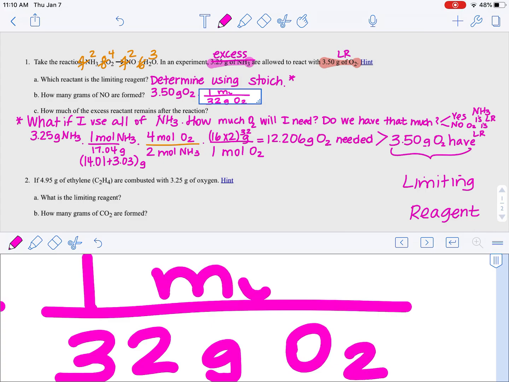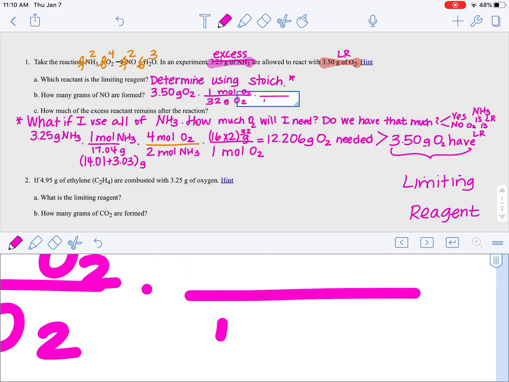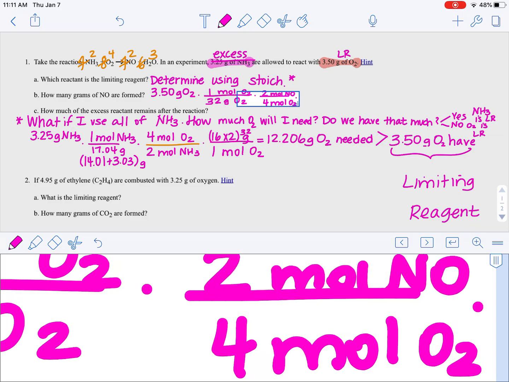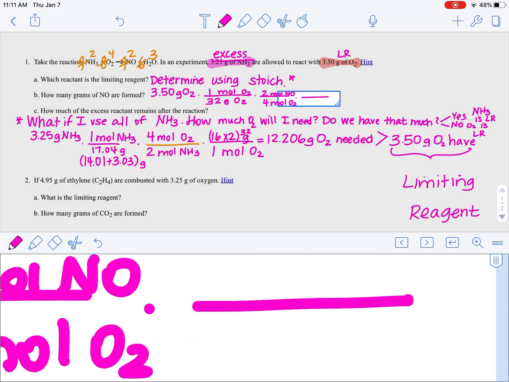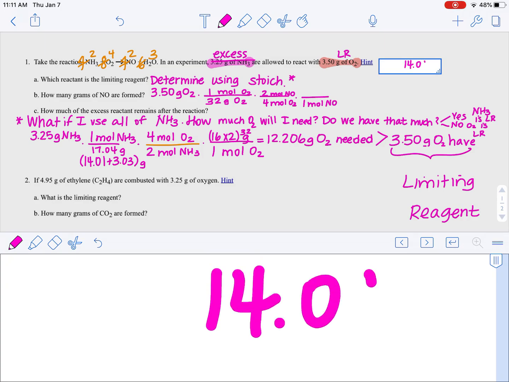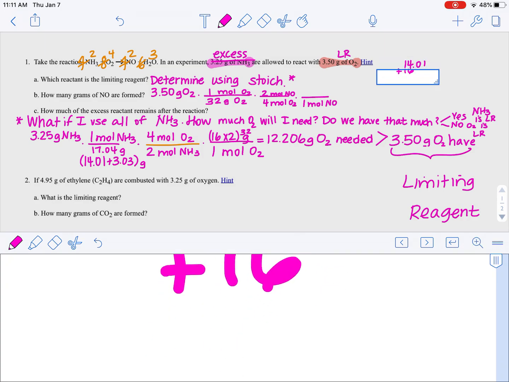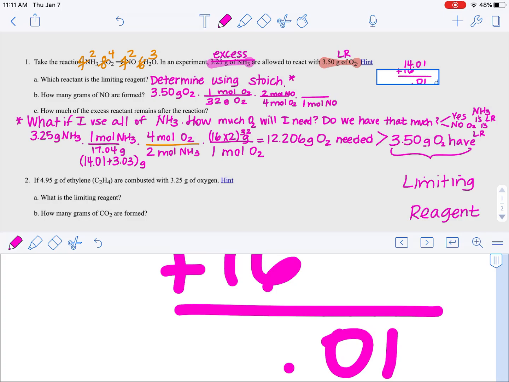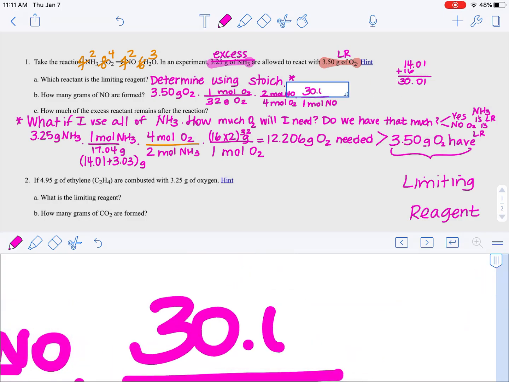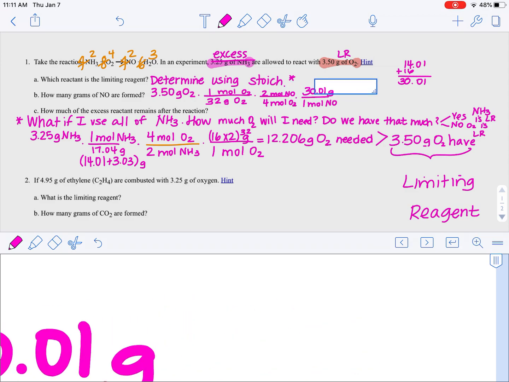32 grams is for every 1 mole, because we've got a diatomic situation. For every 4 moles of oxygen, we're able to produce 2 moles of nitrogen monoxide. And for every 1 mole of nitrogen monoxide, we have 30.01 grams of it.